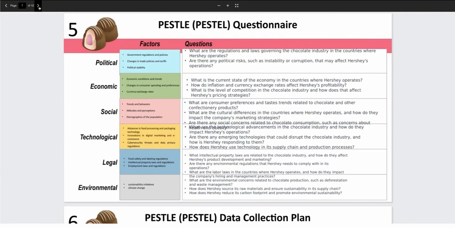And this is how your PESTEL analysis may take a long time to make. But again, what goes after that? This is important because when we have a PESTEL analysis, as I told you, we are able now to make business decisions. So we are ready to pay well for having a right and well done PESTEL analysis.